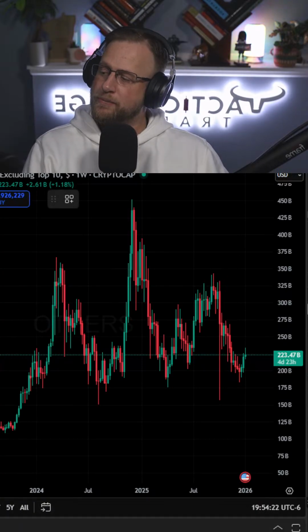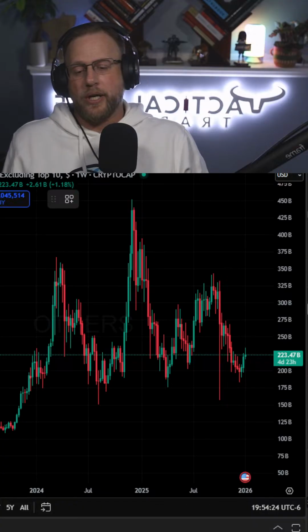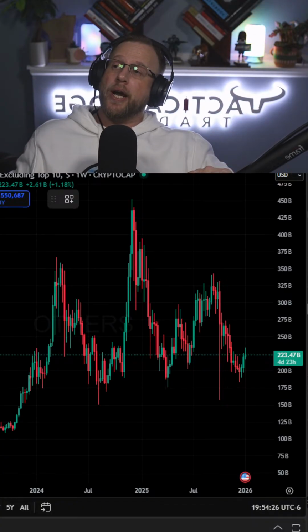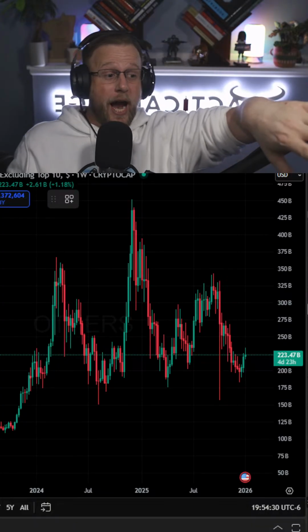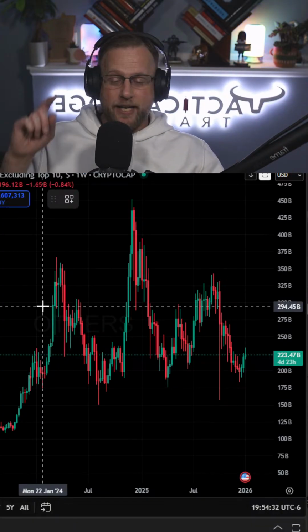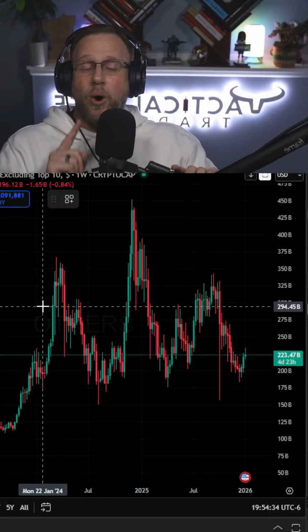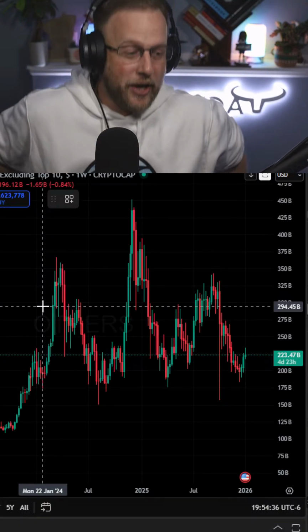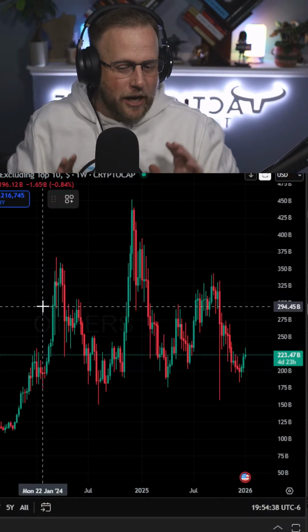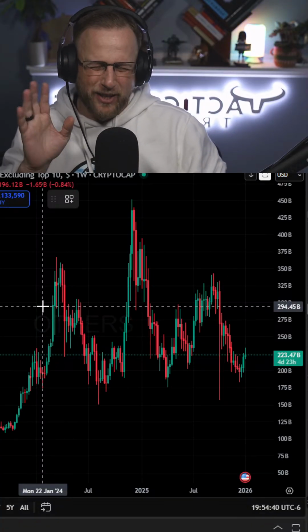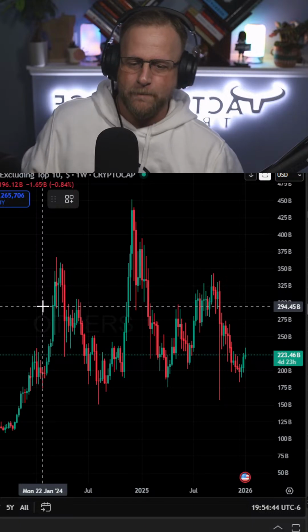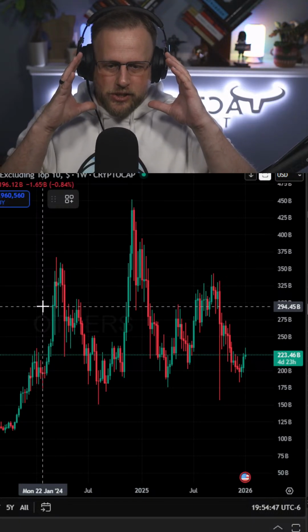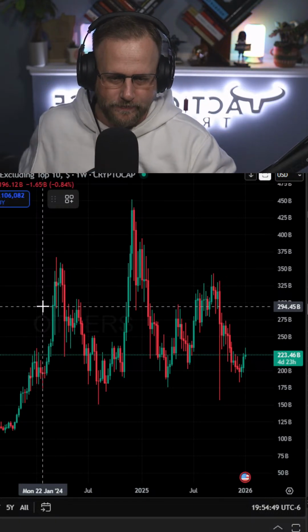I made my first bag off of Dogecoin. My first real trade was when Elon Musk first tweeted about Dogecoin. So, okay, I take it back. That was the one time that I traded a news event like that, where I was like, something's gonna happen. It was like 2018 or 2019. Whenever Elon Musk first tweeted about Dogecoin, my brain went, sell everything, move into Dogecoin.